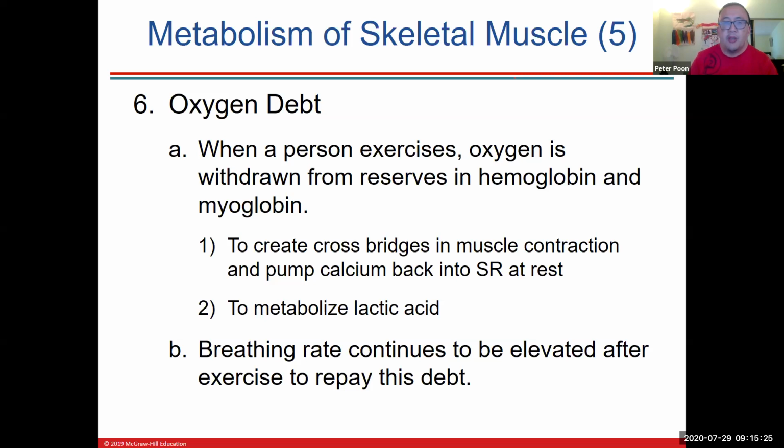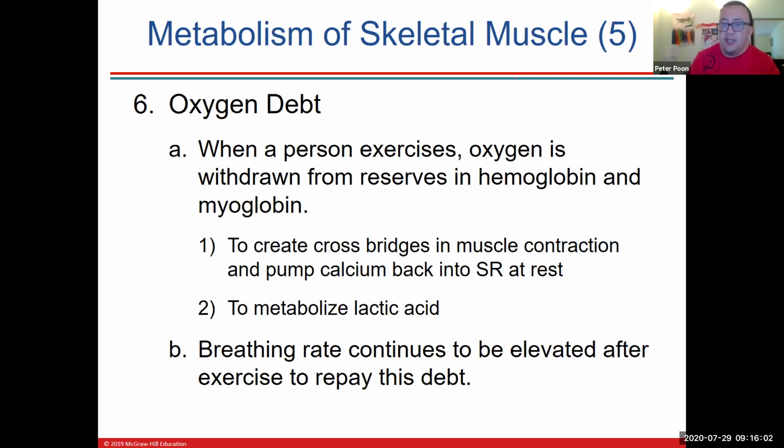This creates cross bridges in muscle contraction and pumps the calcium back in, etc. So you build lactic acid. What happens when you go into exercise is you start having an oxygen debt, and this is especially true for anaerobic exercise. You build up an oxygen debt, you start going anaerobic, you start building lactic acid.